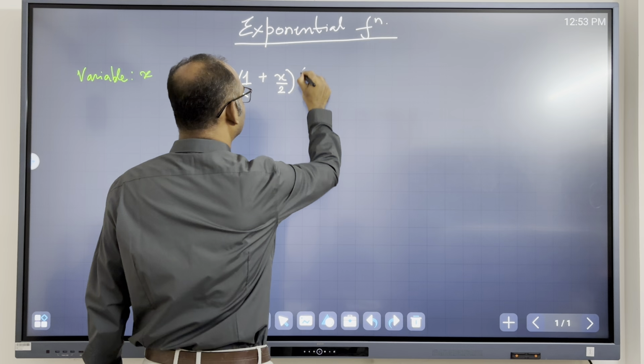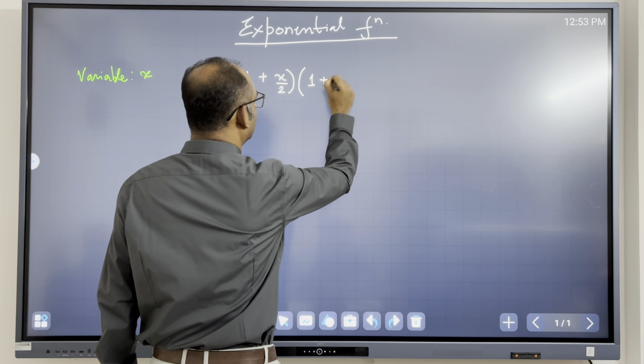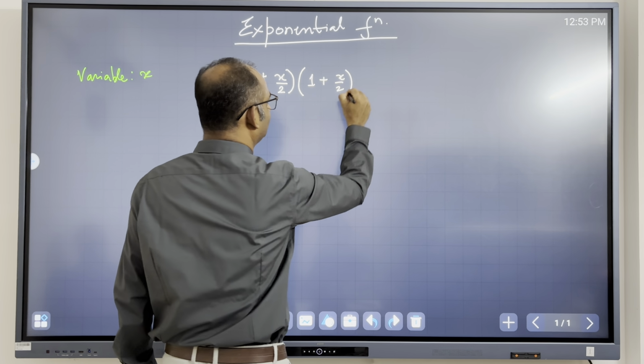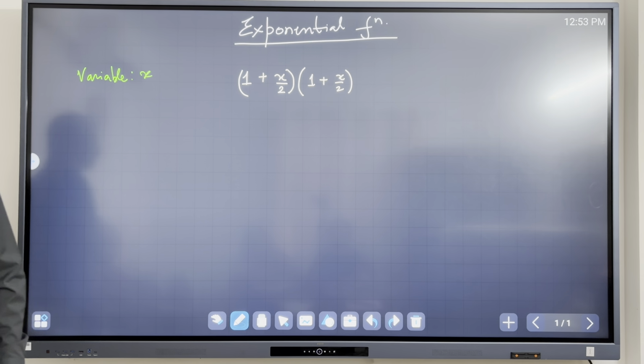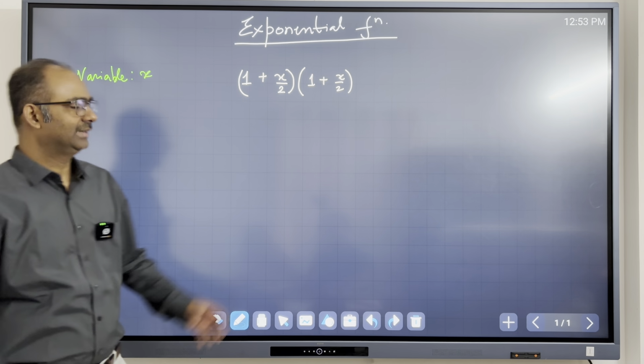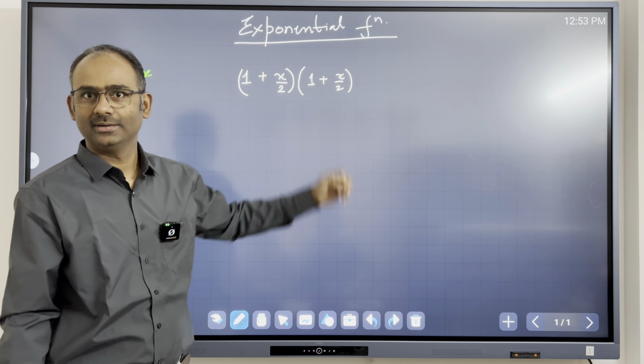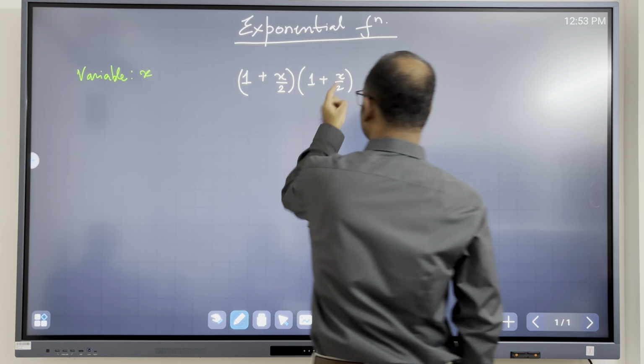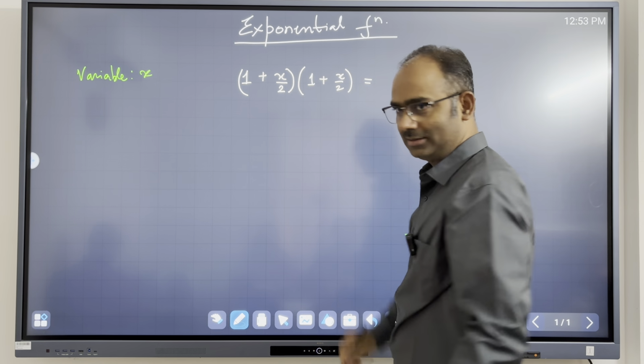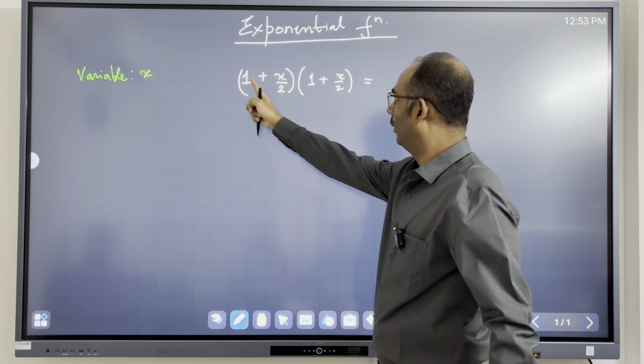And I take this same thing again. So 2 factors of it. Now that's something you can calculate. You can multiply these terms. Okay, so you can multiply these terms and it will be homework.